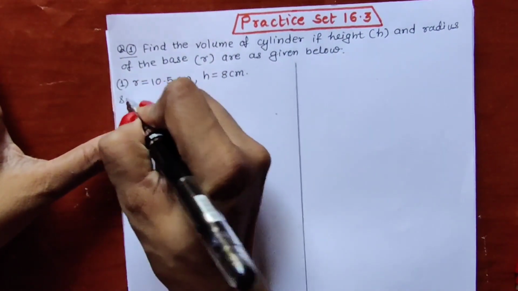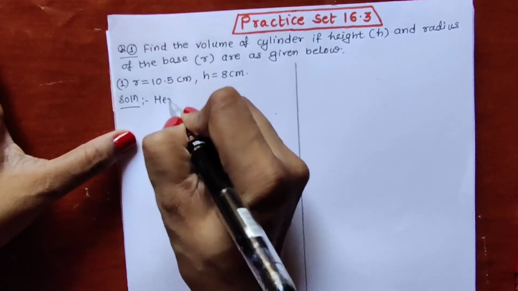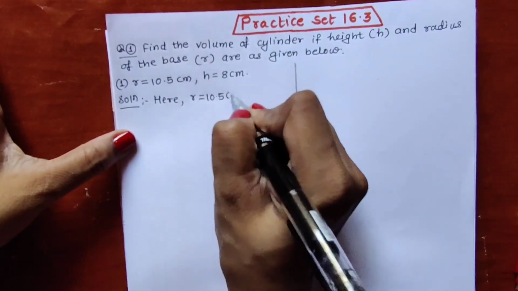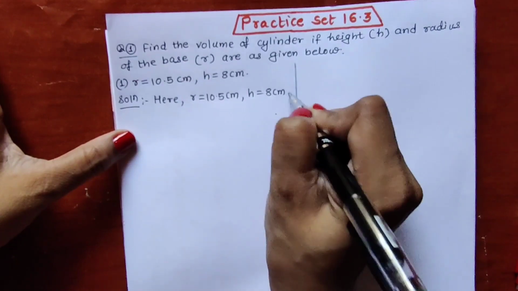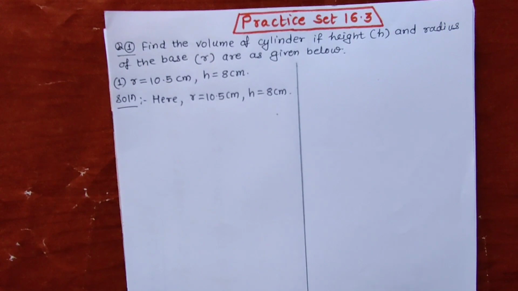Again in solution we will start by writing the values. Solution here: r is equal to 10.5 centimeter, h is equal to 8 centimeter. This is given to us. Now we will be writing the formula. Just now we have seen the formula for volume of cylinder.